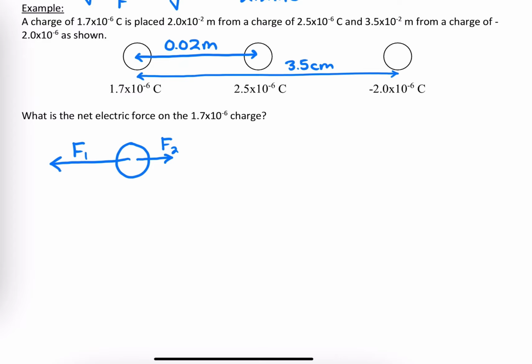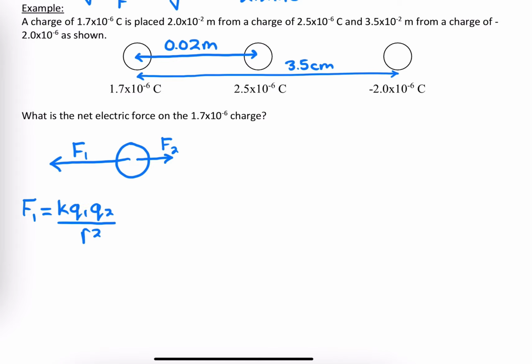Okay, so let's see if we can find out the magnitudes of those two forces. Well, F1 is going to be K, Q1, Q2 over R squared. And you know what? I'm just realizing that it might be a bit confusing here because I've got a 1 over here and a 1 over here, and they don't necessarily apply to the same object.